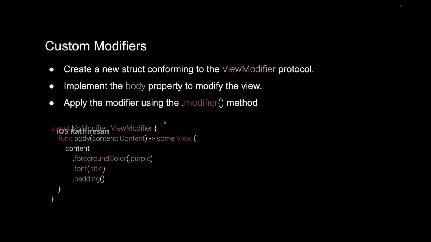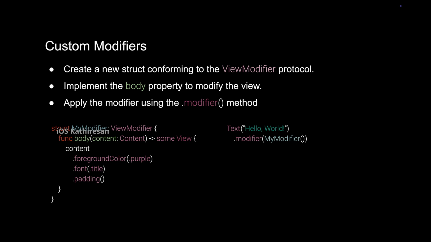See here, this is the creation of the custom modifier. There is a struct that conforms to ViewModifier. In the body, there is content, which is known as the parent view, and we use that content in the implementation. We change three things: the foreground color, which is the font color, the font size, and the padding, which means giving space all around.